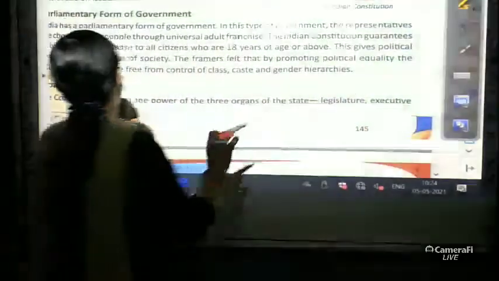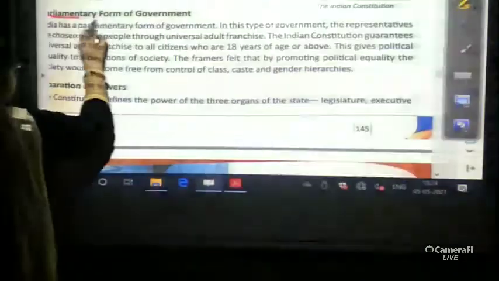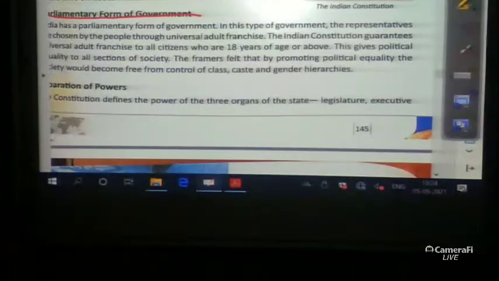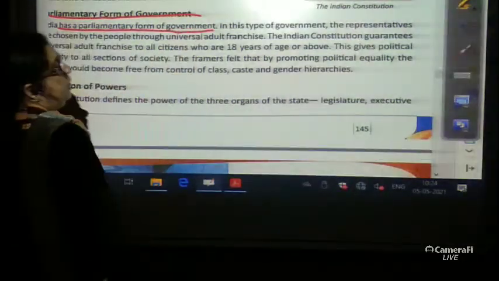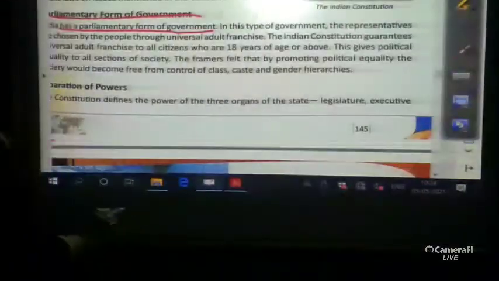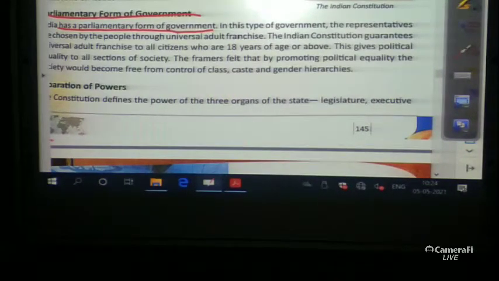Now, our next part is the parliamentary form of government. India has a parliamentary form of government. In this type of government, the representatives are chosen by the people through universal adult franchise.